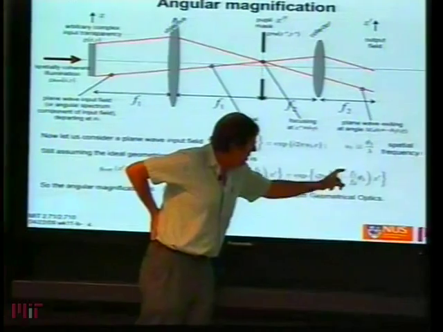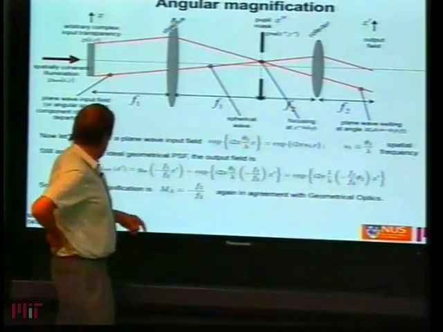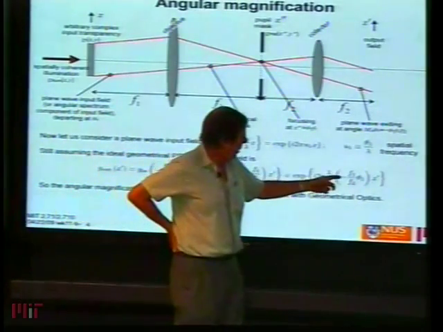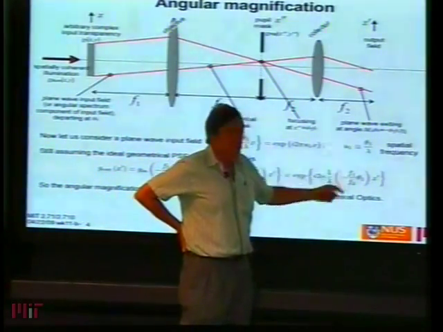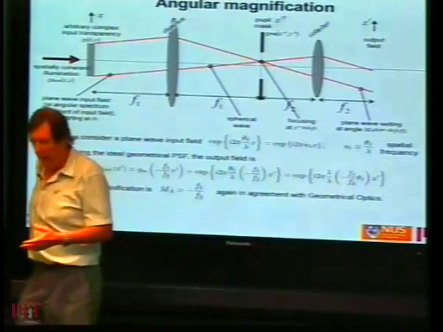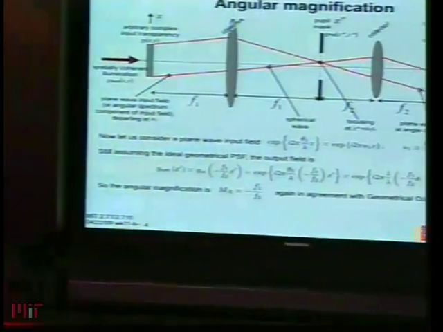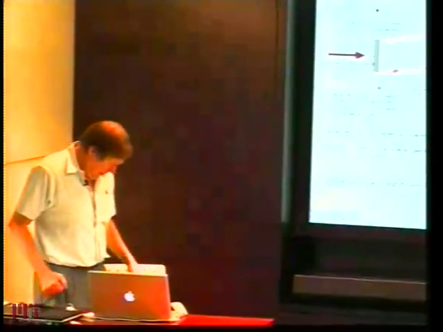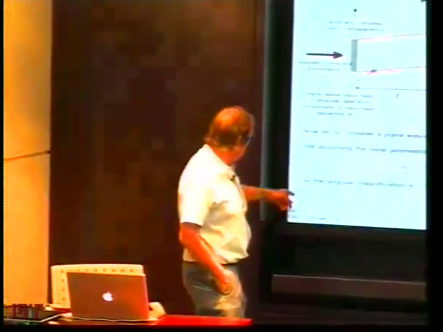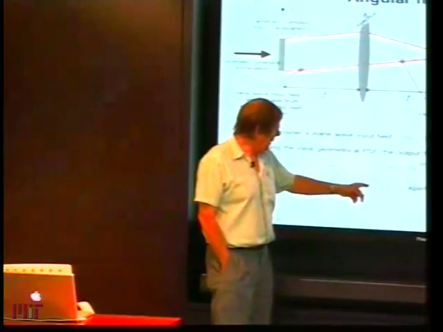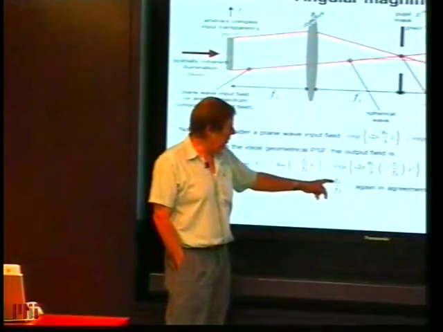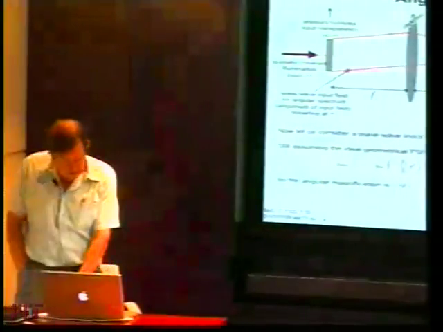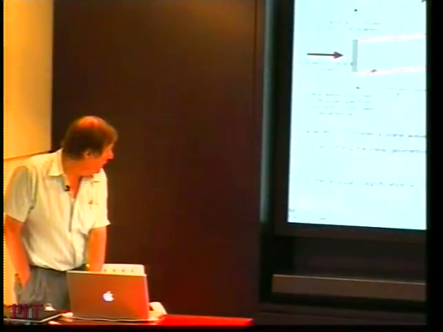The angle in was θ1, and the angle out is now minus f1 over f2 times θ1. So again, it's scaled and has an inversion relative to the input angle. The angular magnification is given by this expression, minus f1 over f2. And again, that is the same as you get from your geometrical optics.